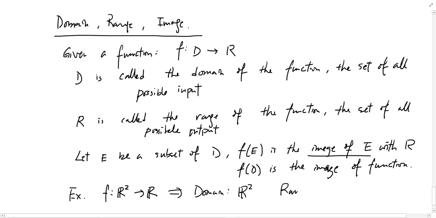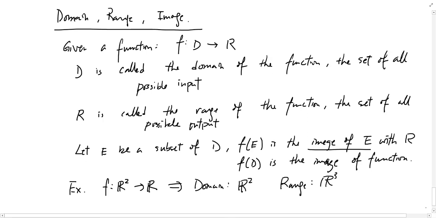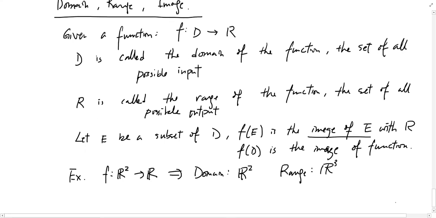And the range is any vector in R3. Now the problem is this function doesn't actually give out every single vector possible in R3, but instead it only gives out a two-plane within R3.